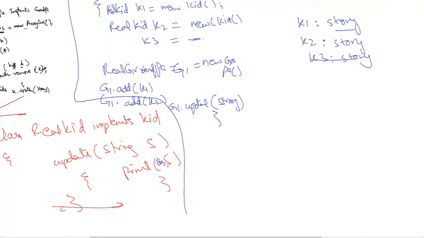And also because there is k3 also, so k3 colon story. No, sorry, k3 will not come because we added only k1 and k2 in the list of our observers in the subject.